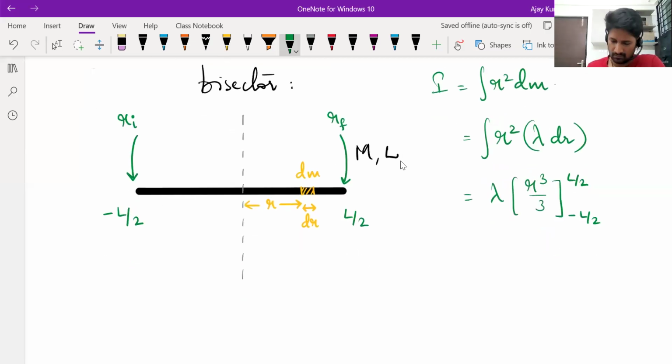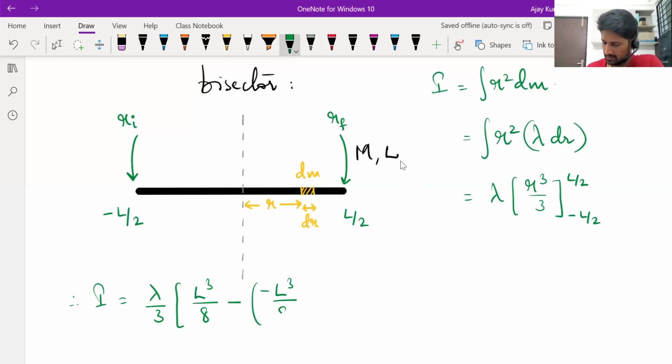So you can express the moment of inertia as lambda by 3, which is also constant, I'm putting outside, times r cube. If you substitute the upper limit, it becomes L by 2 whole cube, that is L cube by 8, minus, substituting the lower limit, minus L by 2 whole cube is minus L cube by 8.